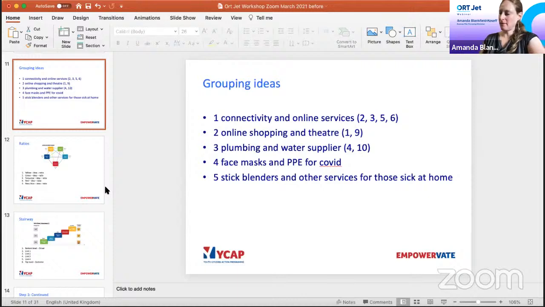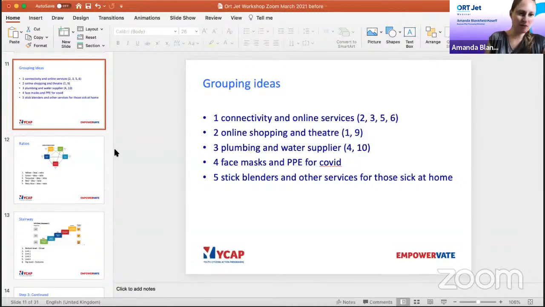So between the plumbing and the face masks, 3 or 4. 4, 3, 4, 4, 3, 4, 3, 3. Okay, that's quite a mixed one.